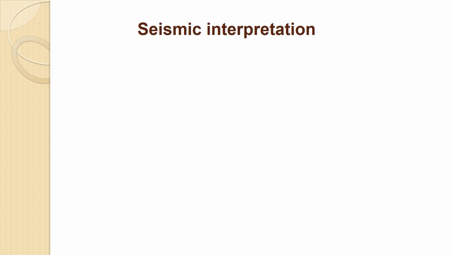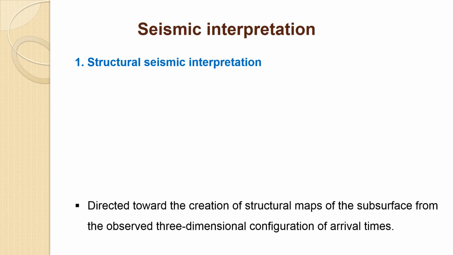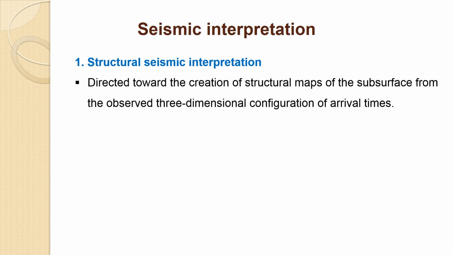So the first one is the structural seismic interpretation. And from its name, it will take you to create a structural map of the subsurface from the observed three-dimensional configuration of arrival times. Good.